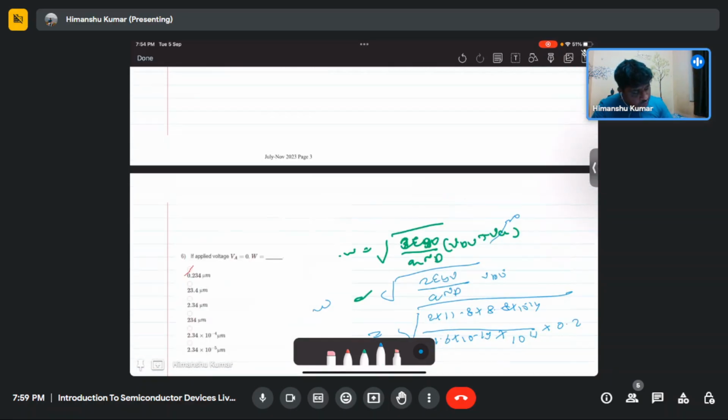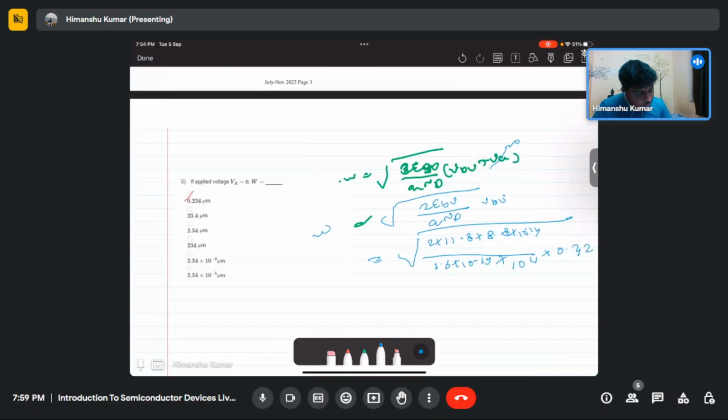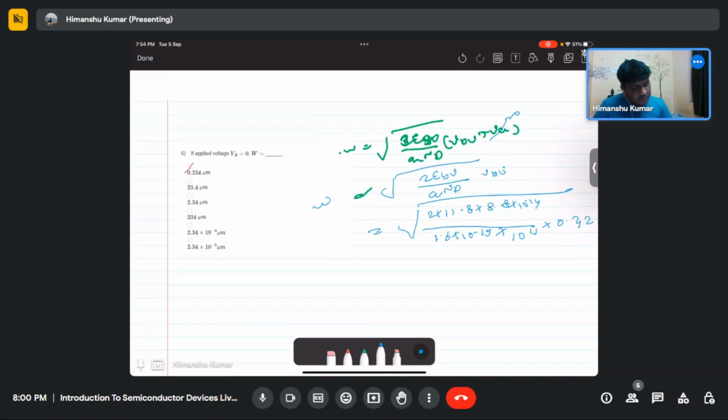VBI is 0.42. If you solve it on a calculator, you will reach around 0.234. These units are in centimeter, so you need to convert to micrometer by multiplying by 10 to the power 4. Then 0.234 micrometer will be the correct answer.